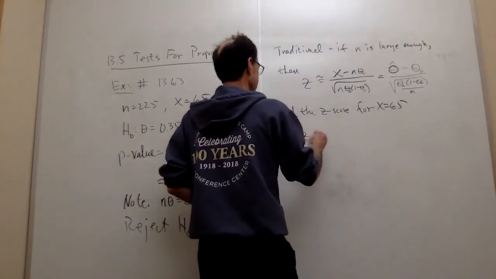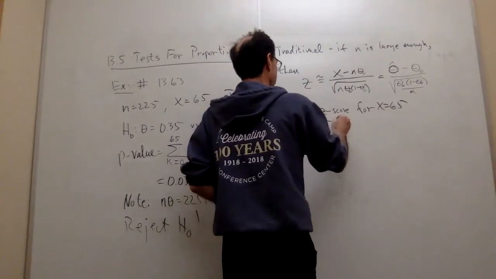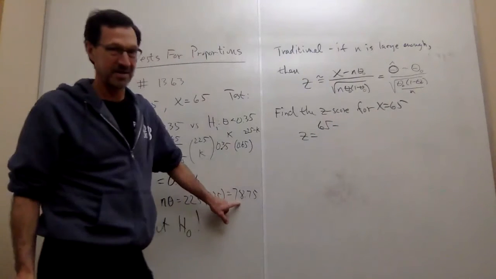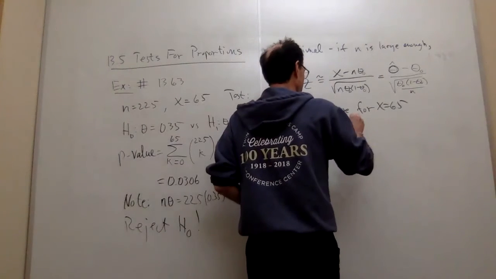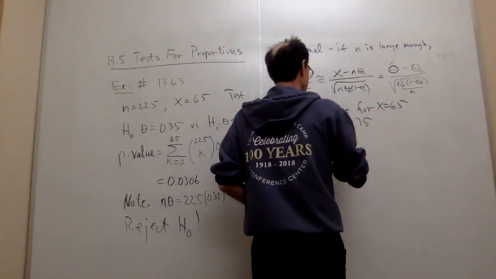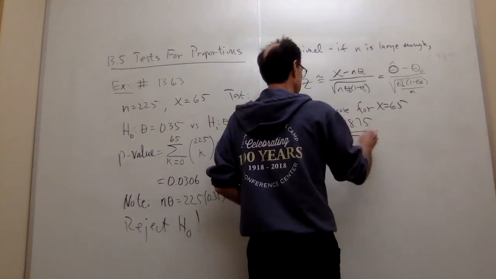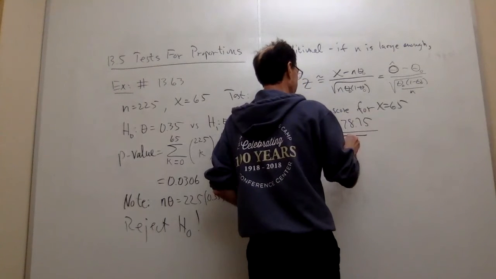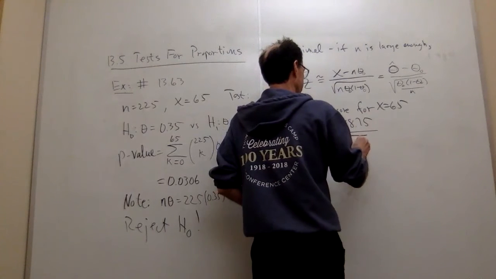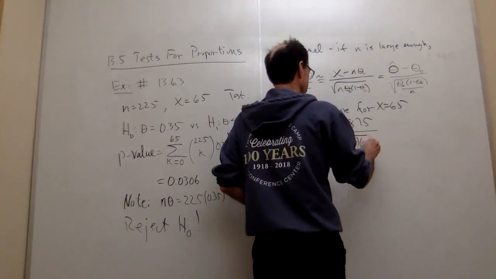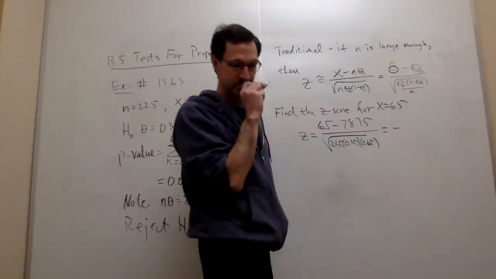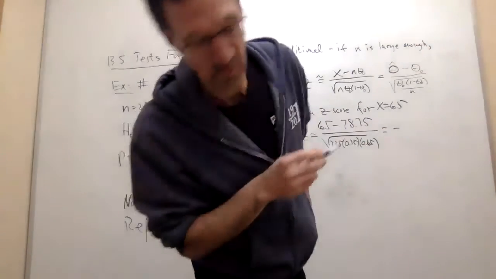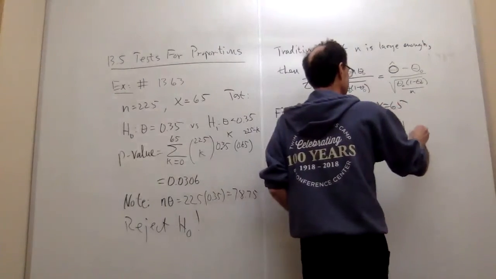This is a little z. 65 minus, I believe I have the n theta right over here, 78.75. We'll reuse it. Then we divide by the square root of 225 times 0.35 times 0.65. I've done that calculation. 1.92, of course, negative.